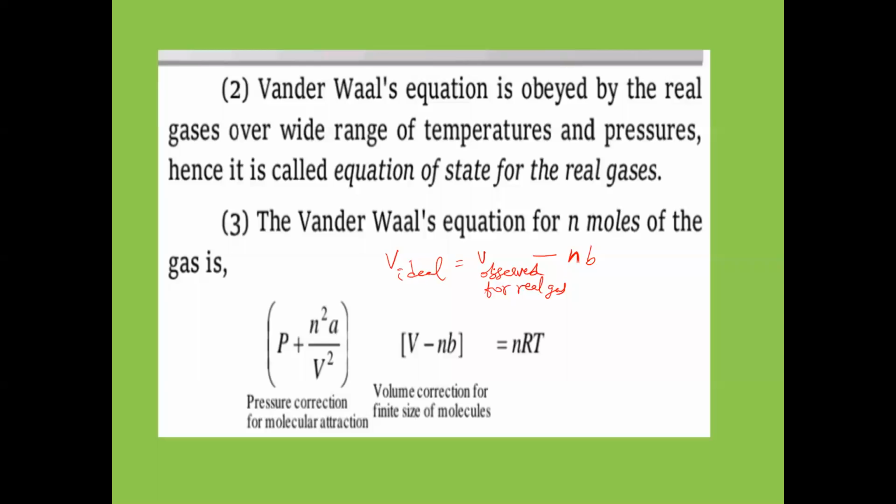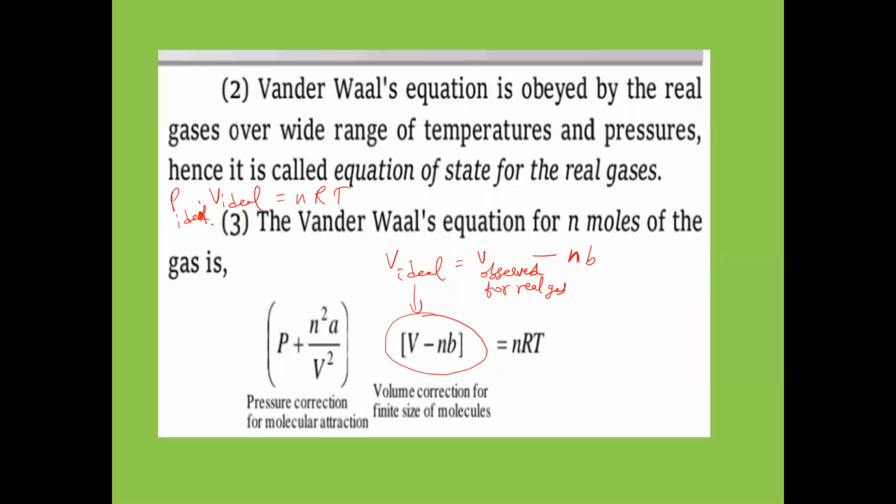So V ideal is equal to what? V observed for real gas minus nb. Is that clear? So in the place of V ideal, what we have written here is this one. Generally, the ideal gas equation is P ideal into V ideal, pressure of ideal gas into volume of ideal gas, is equal to nRT for n number of moles.